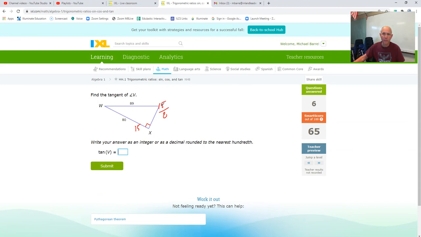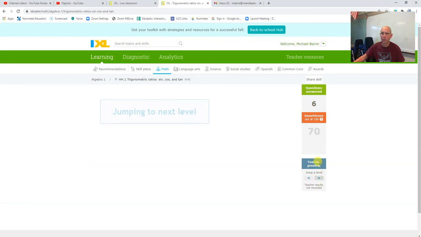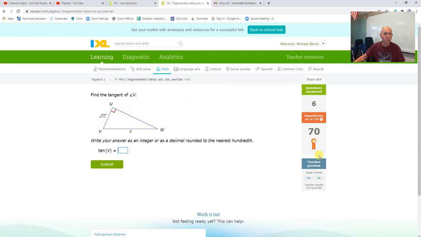Cool. Another Pythagorean theorem, so we're going to skip a level. Let's jump up and see what we get up here. So just a weird Pythagorean theorem. Let's do it. All right, so we know that a squared plus b squared equals c squared.